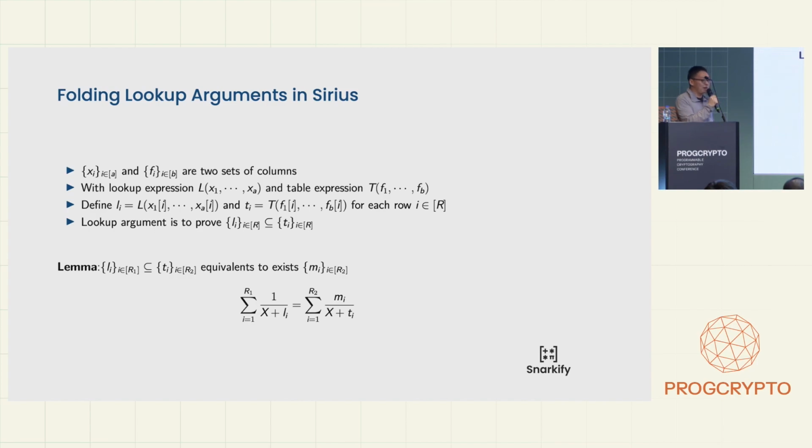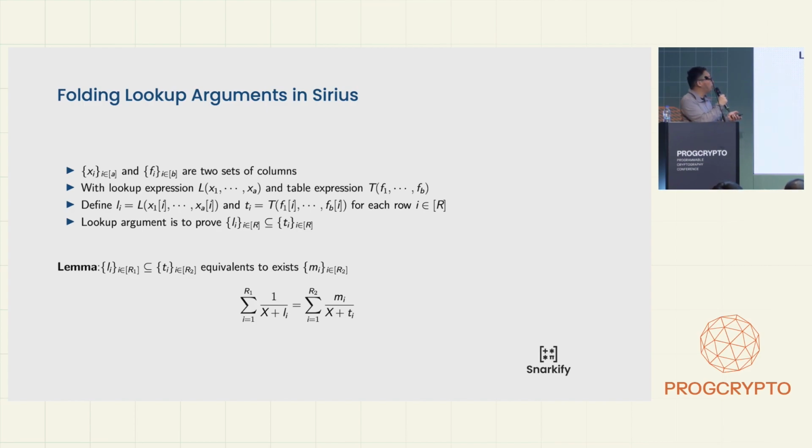So the next part, the third part, is the lookup support we use in Sirius. In the lecture, I already explained a lookup argument using log derivative. But here, I will briefly overview it in terms of Halo 2's terminology. In Halo 2, he defines 2 expressions, lookup expressions and table expressions.